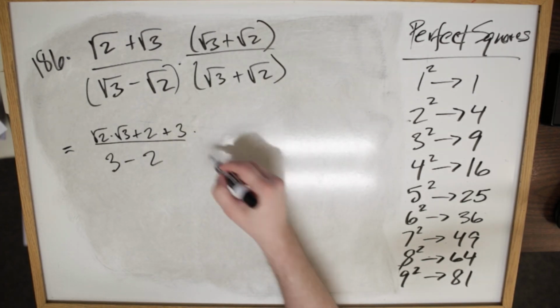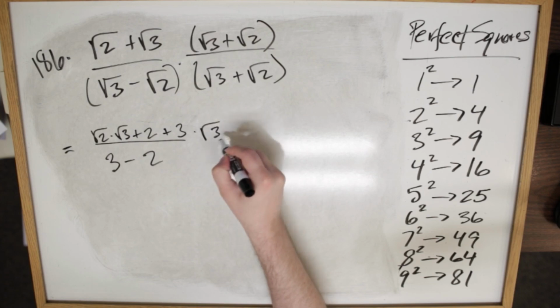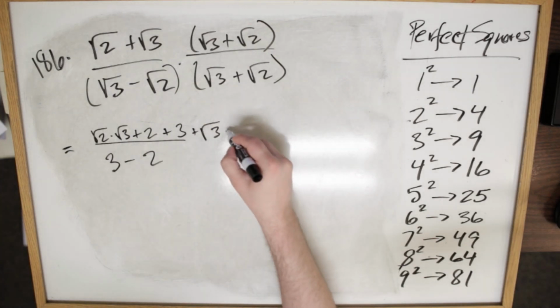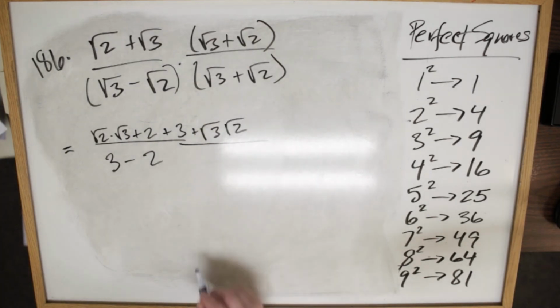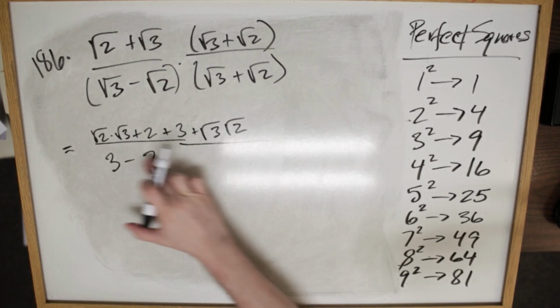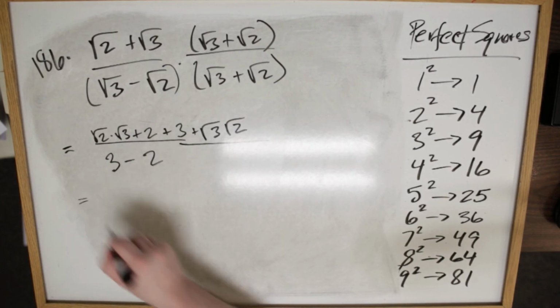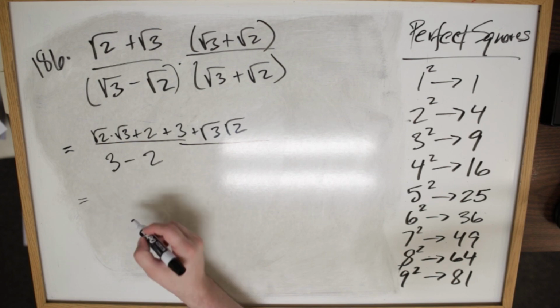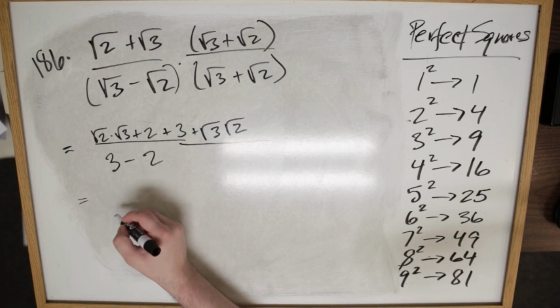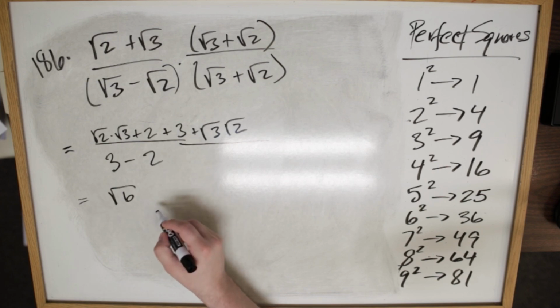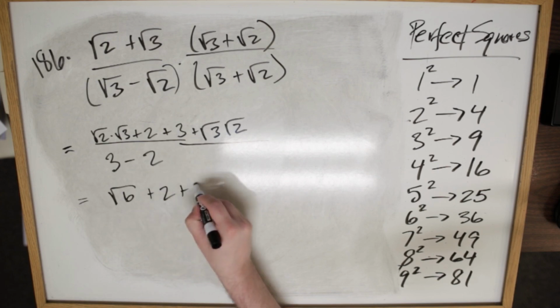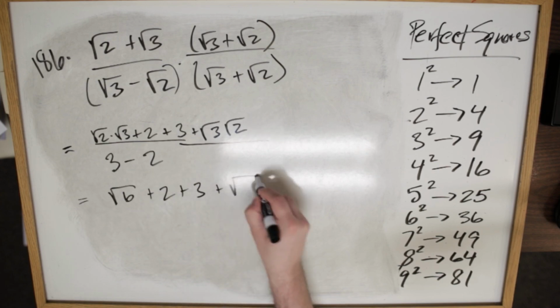And the last is going to be root 3 times root 2, which is root 6. So root 6 plus 2 plus 3 plus root 6.